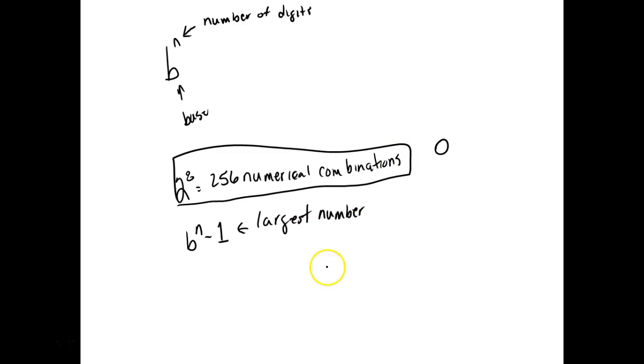So with 8 bits, that would be 2 to the 8th, which is equal to 256, minus 1, which means that the largest number we could represent would be 255. That makes sense? So that's where those came from.